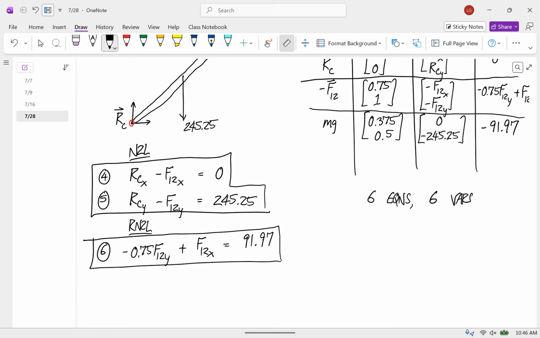So our variables are RA, a full vector of those components. F12, a vector of those components. And then RC, a vector of those components. So we have 6 and 6, so it should work.